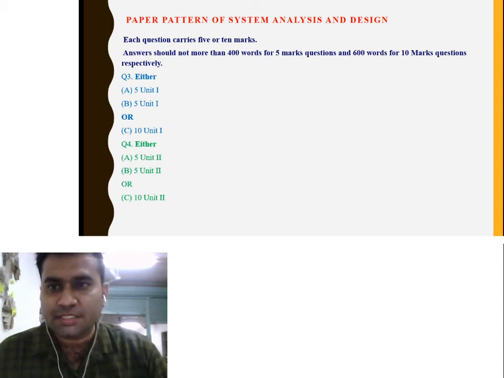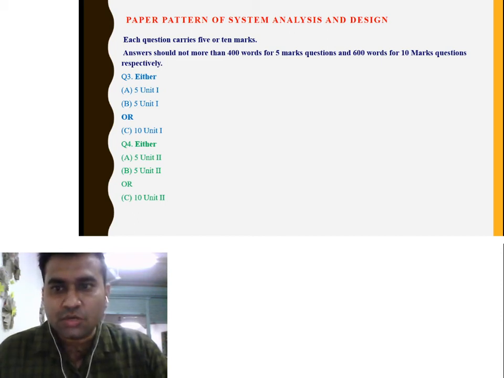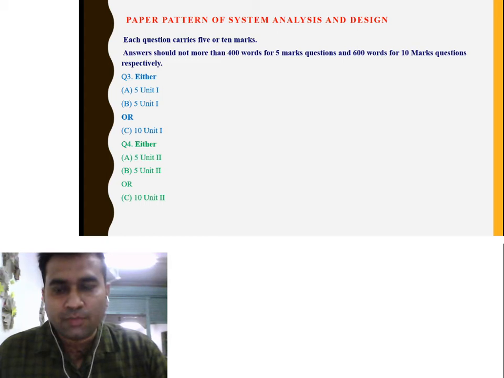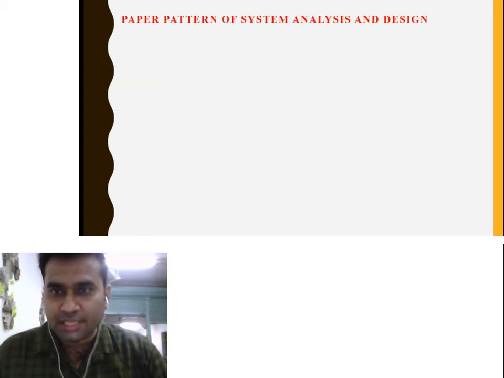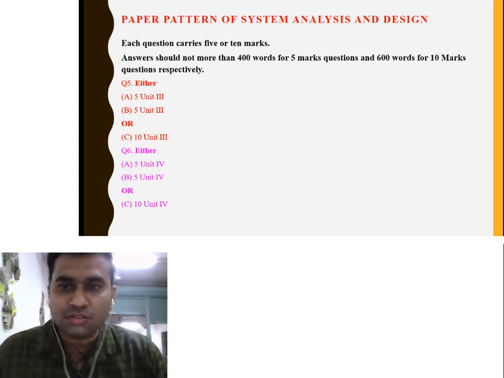In question number 3, A and B are asked for 5 marks, and the or option is for 10 marks. Question number 4 is from unit 2, also 5 marks, and the or is 10 marks. Question number 5, A and B, either-or, is from unit 3, and the or is also for 10 marks.